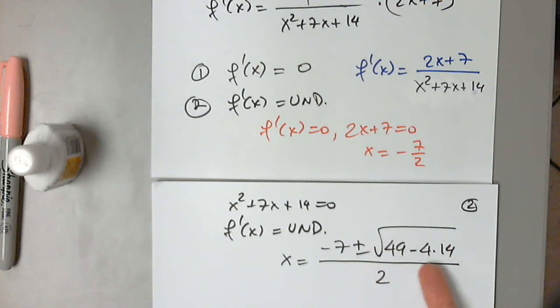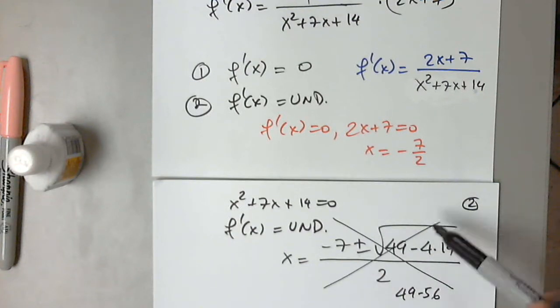You see that the quantity under the square root is negative. 49 minus 56 is negative, so the square root will be an imaginary number. So f prime is never undefined. So there is only one critical number.